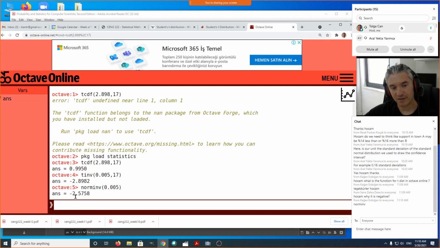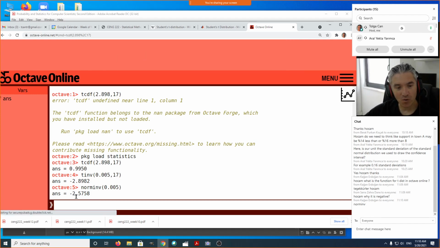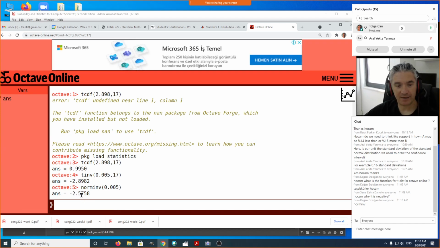Yeah, as you can see, it's 2.57. So if we knew the population standard deviation, we would be going 2.6, if you round it to one digit, standard deviations away from the center.